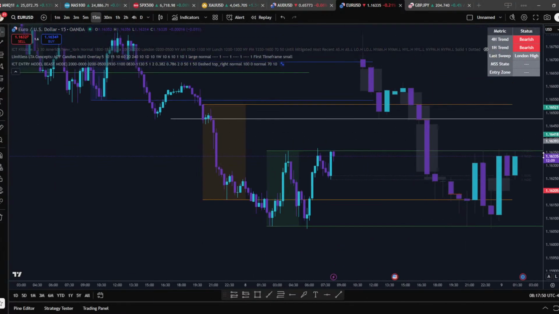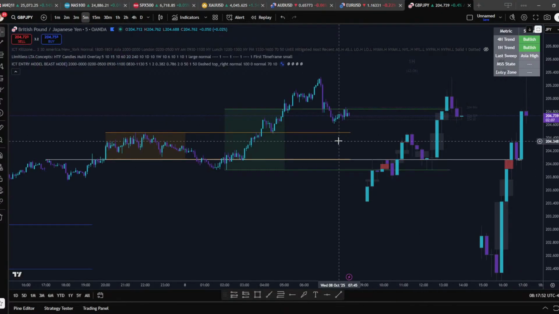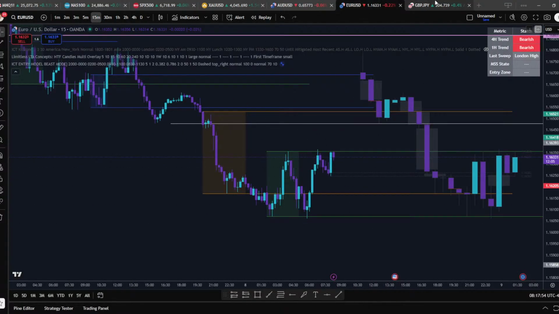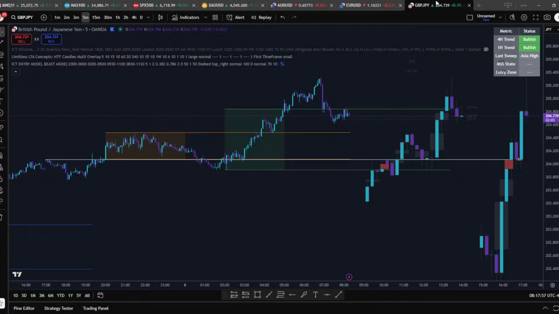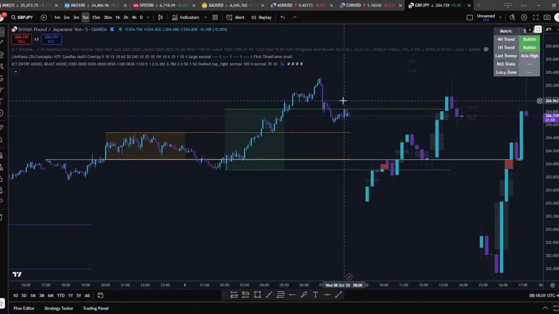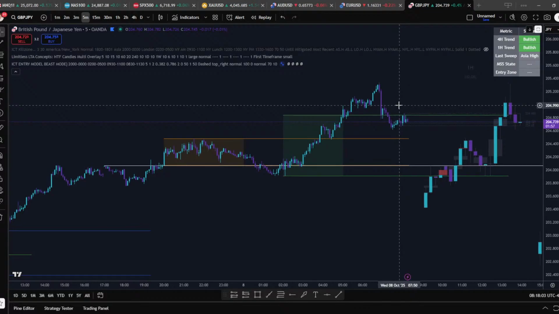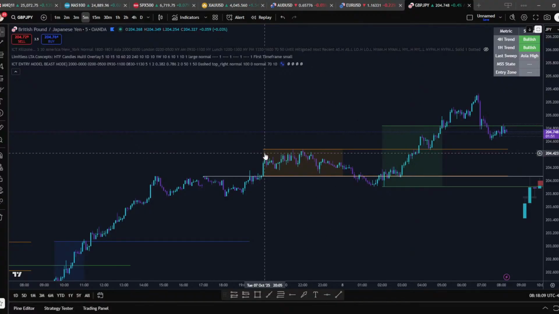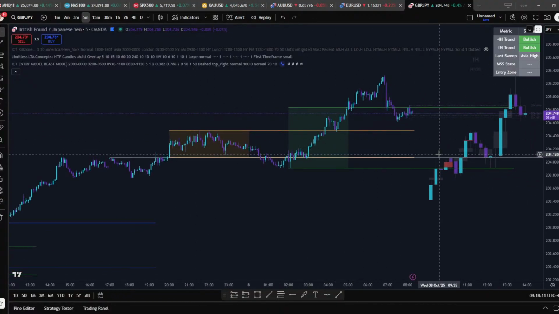The reason I want to look at GBP JPY as well is because, as you can see, it normally goes the opposite way to euro. So if euro is going down, GBP generally, you don't want to take a short on GBP. If euro is going up, then you don't want to take a long on GBP. That's the general rule, okay? It's not a set in stone rule.